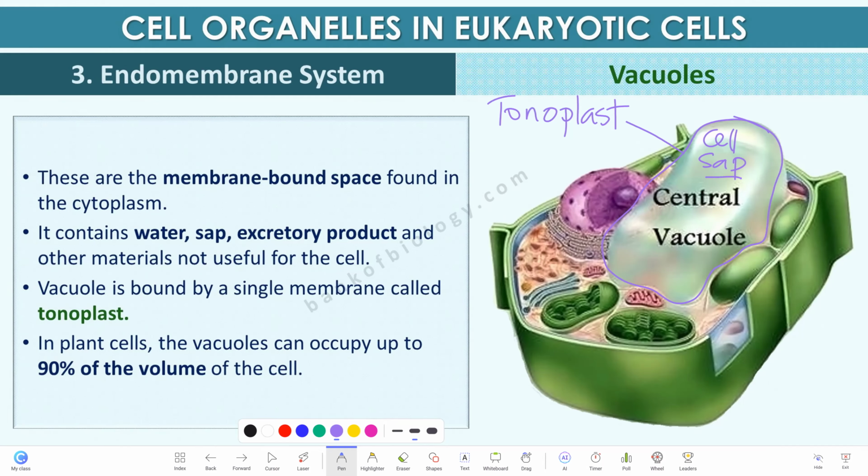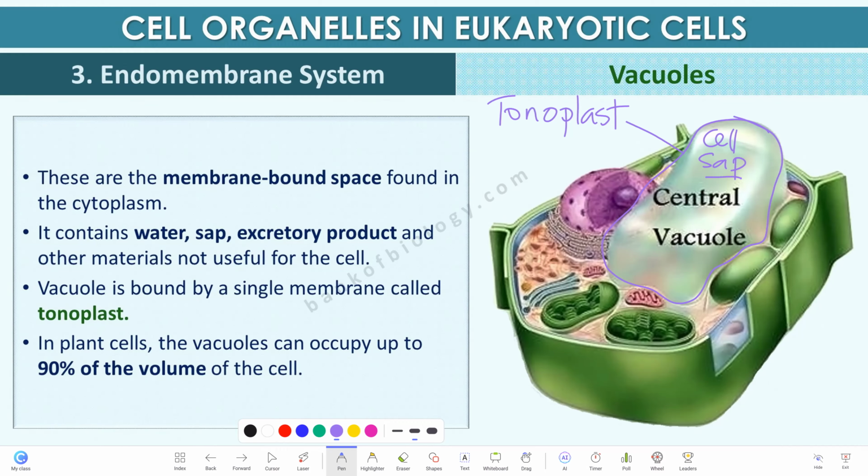What is plasmodesmata? Between the two cells. What is middle lamella? Cell wall between two cells. And where do you find cellulose? In which cell wall? You find it in the primary cell wall, right?